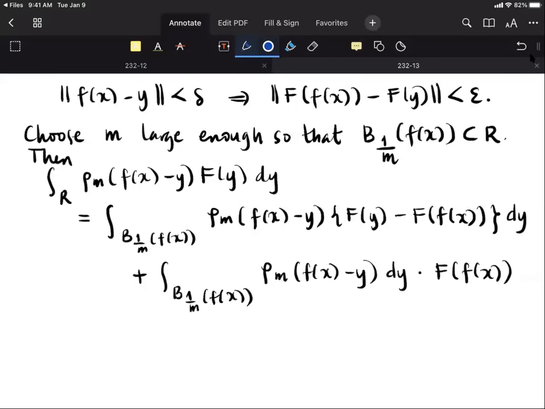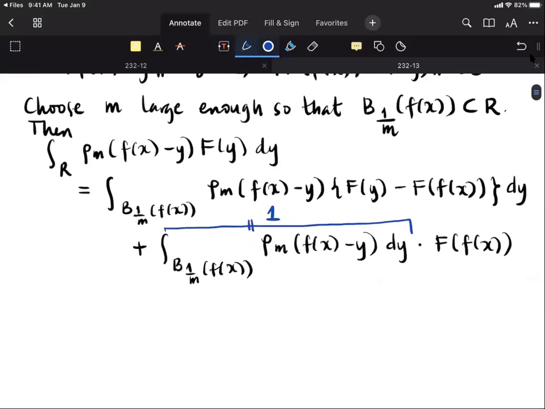And you can show by a transformation rule, or I should say by translation invariance of the Lebesgue integral, and knowing that the integral of rho m is 1, this is equal to 1. Let us denote the first integral by j.